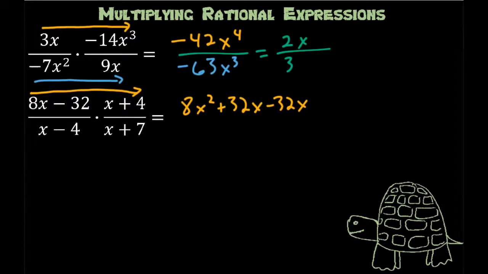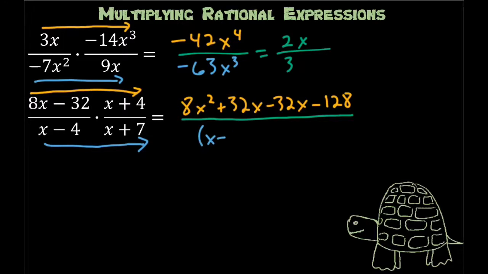And -32 times 4 is -128 in the numerator. In the denominator, I am not going to FOIL it. I'm going to leave it as a pair of binomials there. The quantity x minus 4 times the quantity x plus 7.